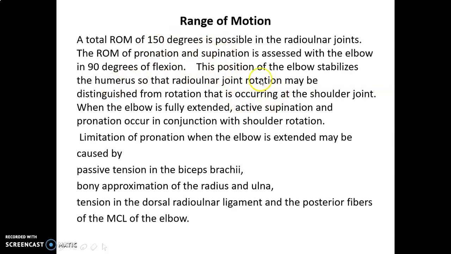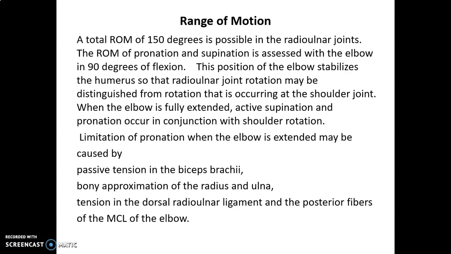So to avoid movement of the humerus, like at the glenohumeral joint, which may show increased supination and pronation, we should ask the person to flex the elbow, because otherwise shoulder rotation will create internal and external rotation.